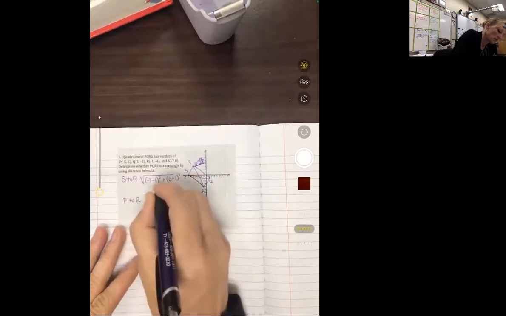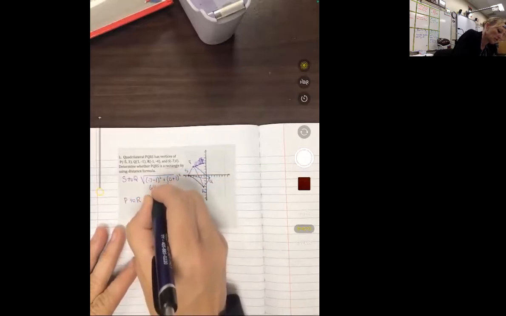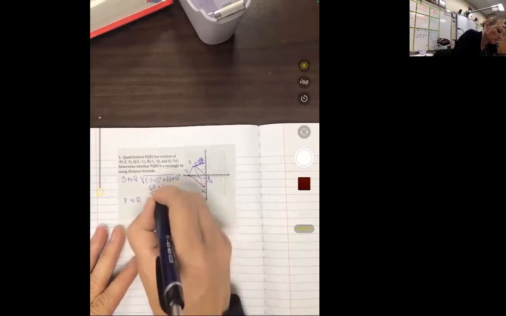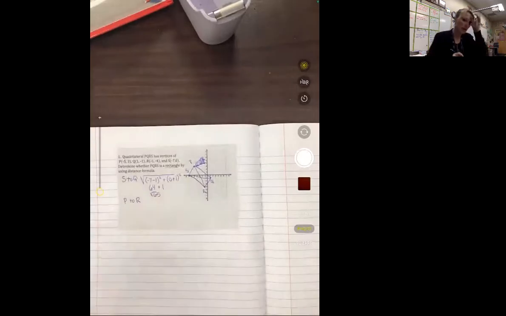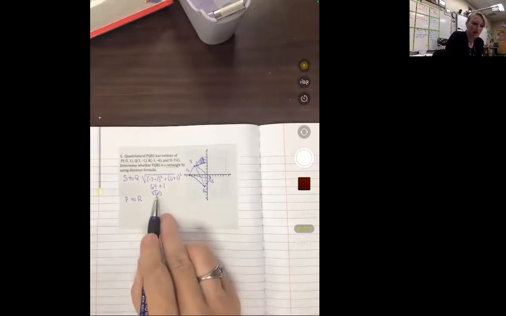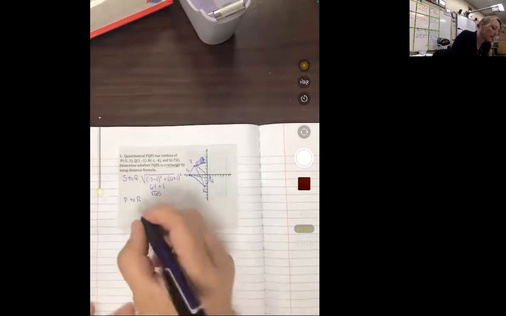So this would be -8 squared, which is 64. This would be 1 squared, which is 1. So this is the square root of 65. And again, you don't have to simplify these, because it's about whether they're congruent or not. If you leave it unsimplified, it's a lot easier to compare them.